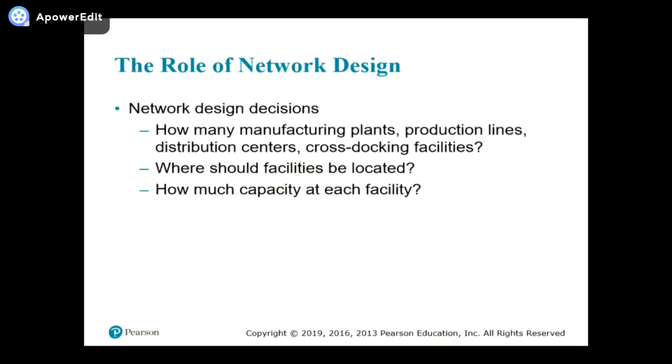And then facility decisions also involve capacity design. So basically, how quickly can a facility produce products or process orders and so on. Which products to hold in each facility and which markets to serve.